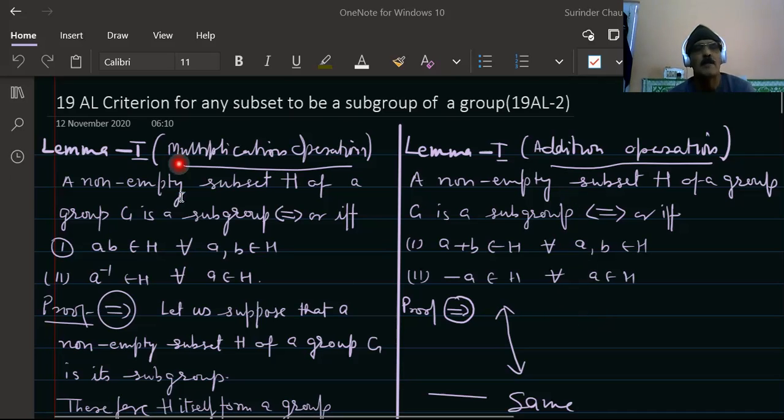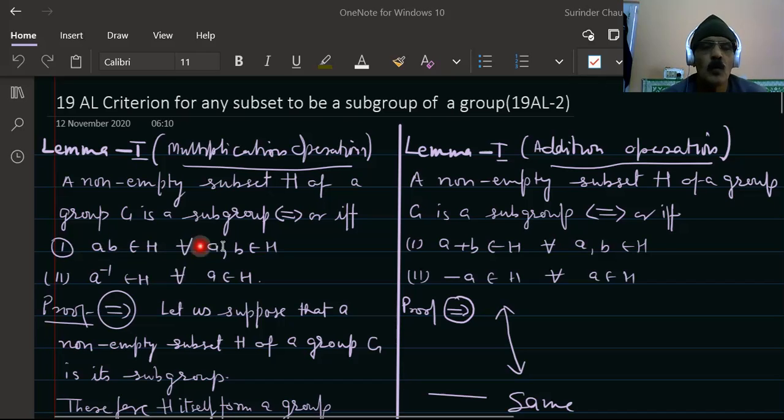Now let's prove the first lemma for binary composition multiplication. A non-empty subset H of a group G is a subgroup if and only if for all a, b belonging to H, a into b belongs to H, and a inverse belongs to H for all a belonging to H. Means we are given that a non-empty subset H of a group is a subgroup if and only if closure and inverse element exist.